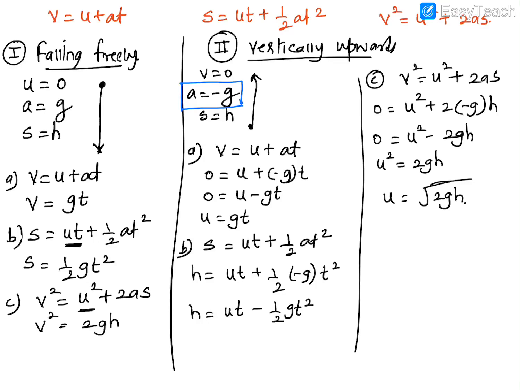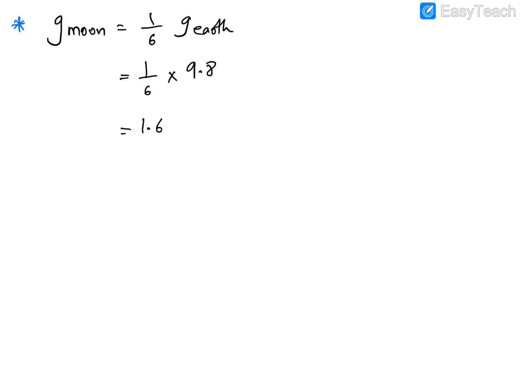Now, one last thing that you need to know. Remember that the gravity on the moon is equal to 1/6 of the gravity on the earth. So it will be 1/6 of 9.8, which is approximately 1.6 meter per second square.